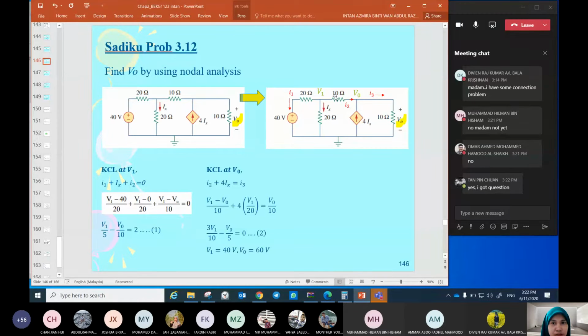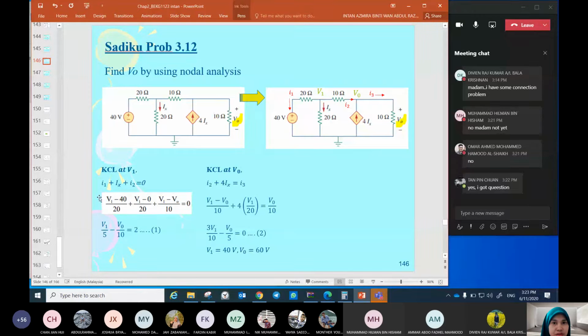So we apply KCL at V1. All currents leave the V1 node. So I1 plus Ix plus I2 is equal to 0. You can skip this KCL equation and go directly to this substitution.